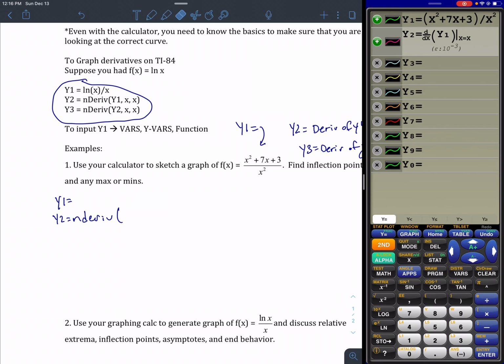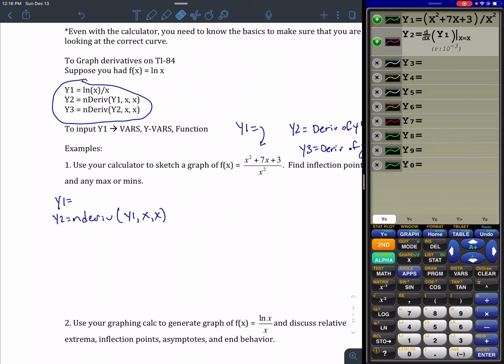It's going to say n derivative, and then here's what you're going to enter. Let me erase this and put this in correctly. You're going to enter y1, comma, x, comma, x. How do you get the y1? The same exact process. Let's recap that.